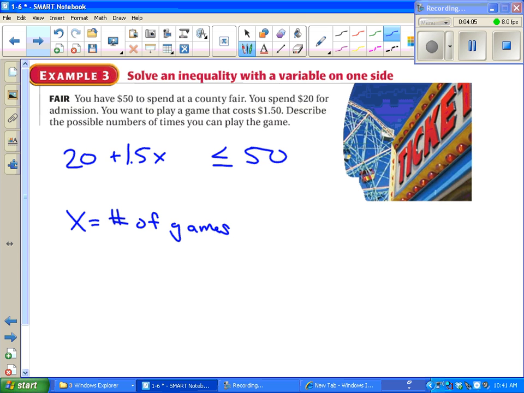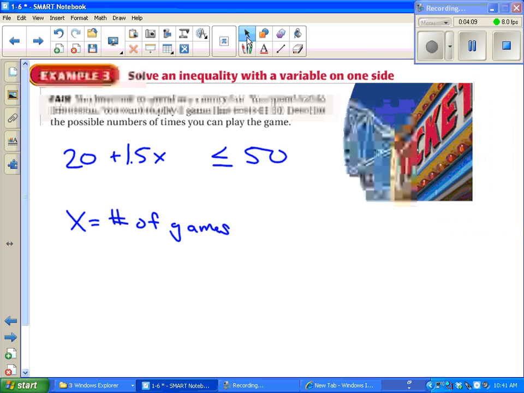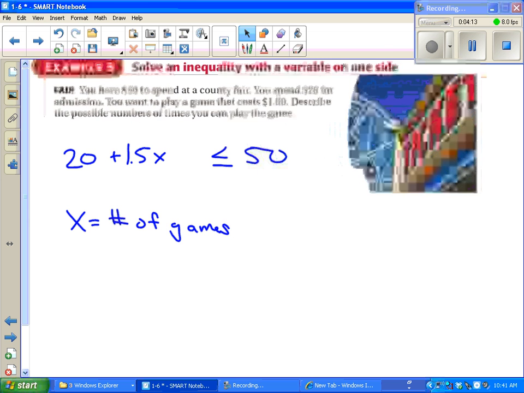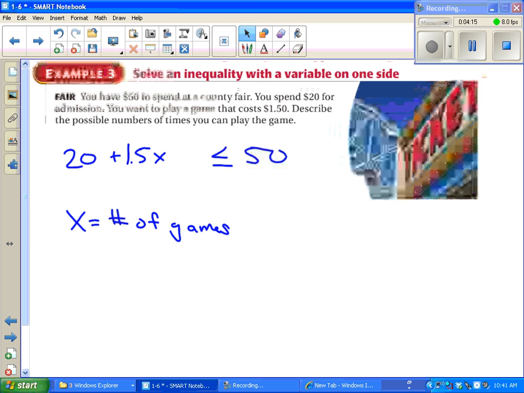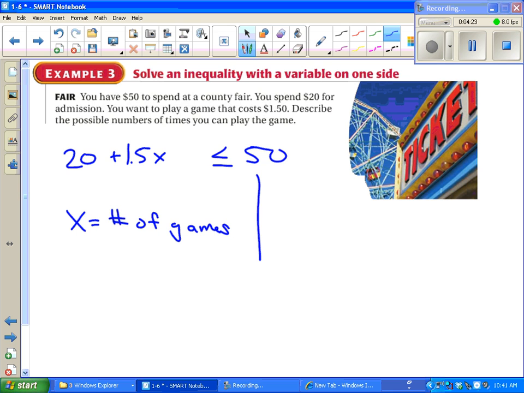At this point, we just have to solve the inequality. Solving for x, we end up seeing that x is going to be an inequality this time, but not an equation.